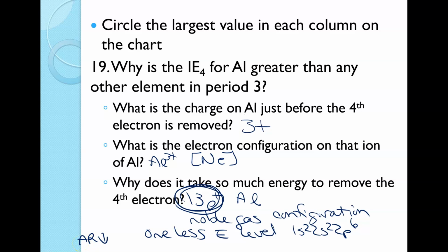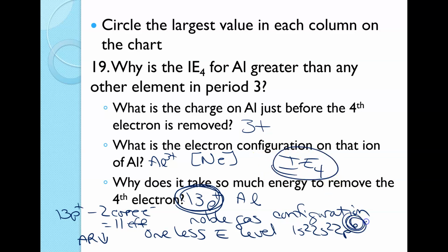So you have an effective nuclear charge of 13 protons minus 2 core electrons, which means it's an 11 effective nuclear charge. That's huge. It makes the radius very small and makes the attractive force between the protons and the electrons very high, which is why it has the highest IE4, because now you're trying to take away one of these. And that's true for all of them.